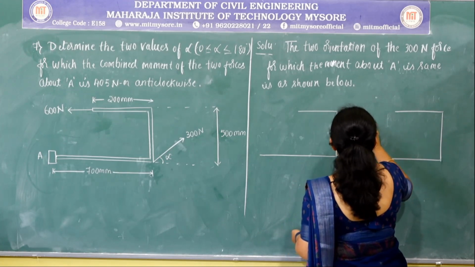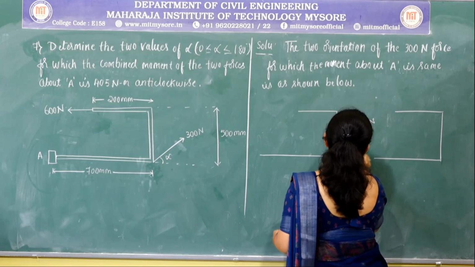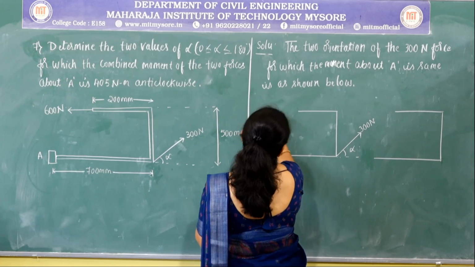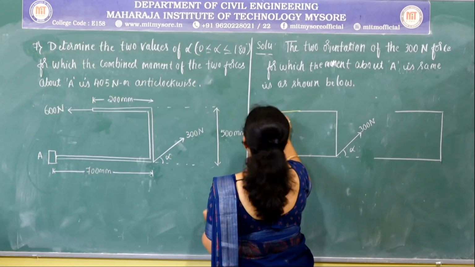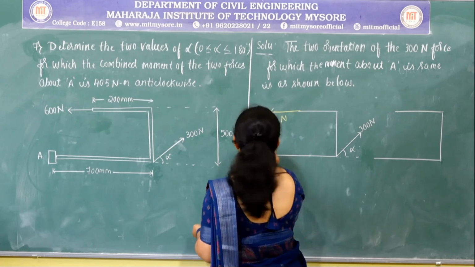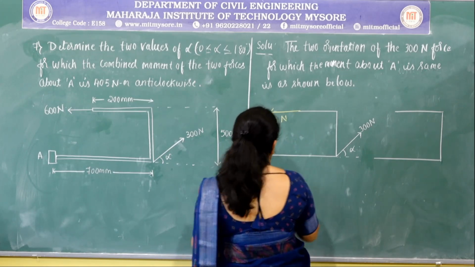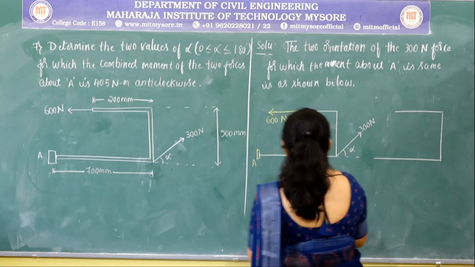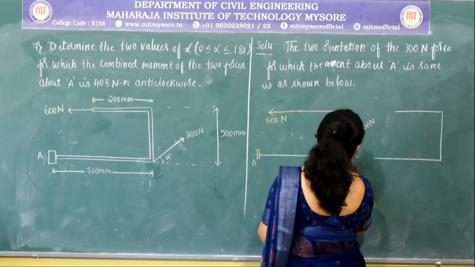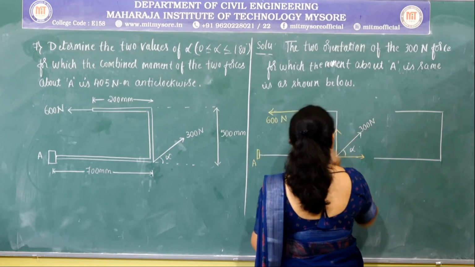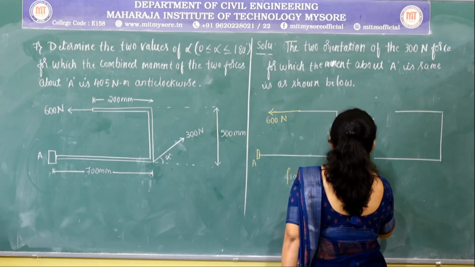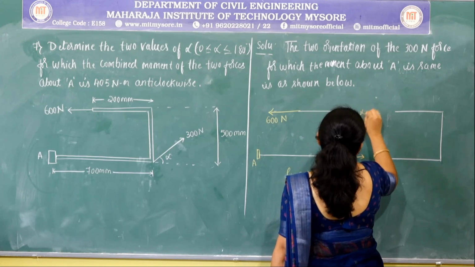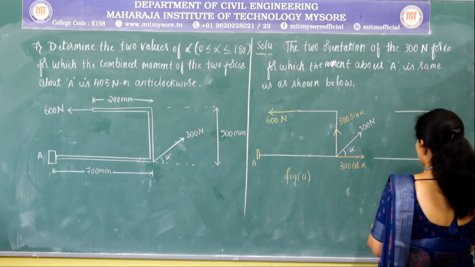This is the orientation given in the question. We shall consider the same thing, and at this point we have a horizontal force which is 600 Newton force, and here is the point A. Let us consider this as figure A. Since this is an inclined one, on resolving, the x component is 300 cos alpha and y component is 300 sin alpha. And again consider figure 2.